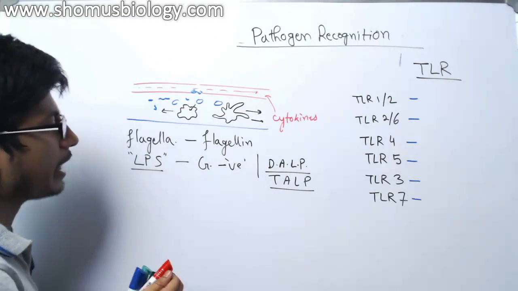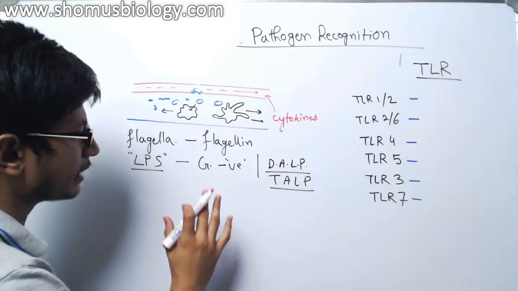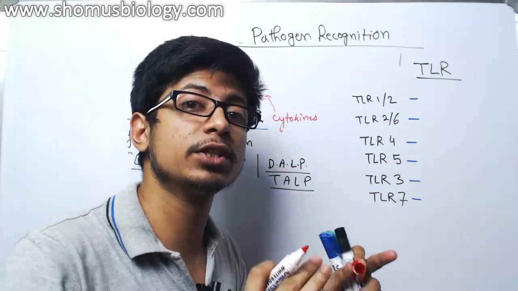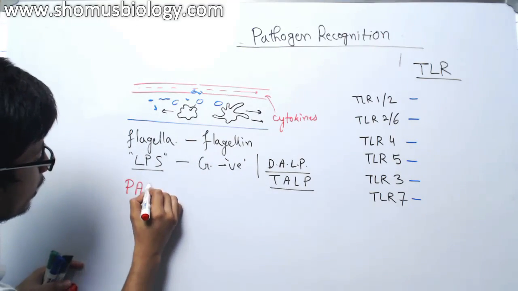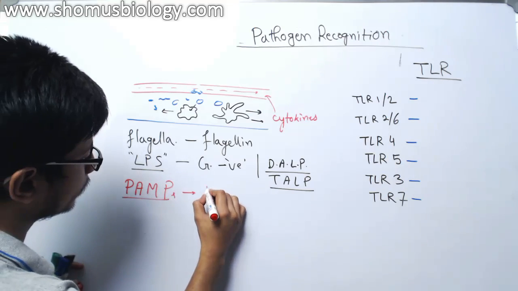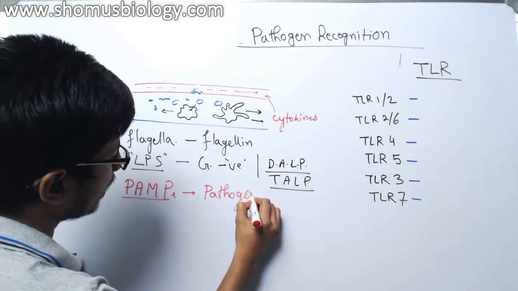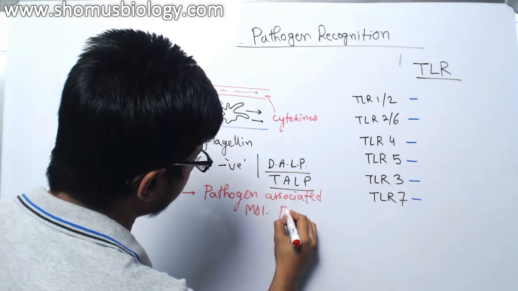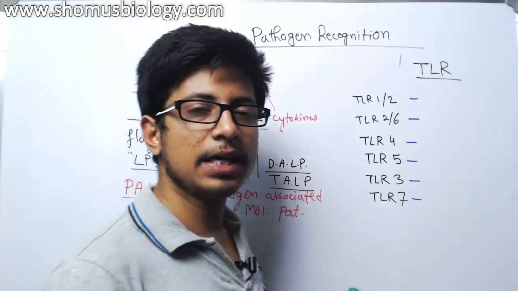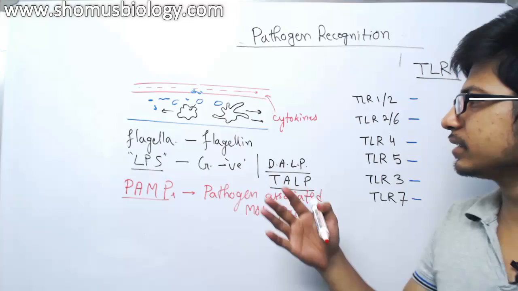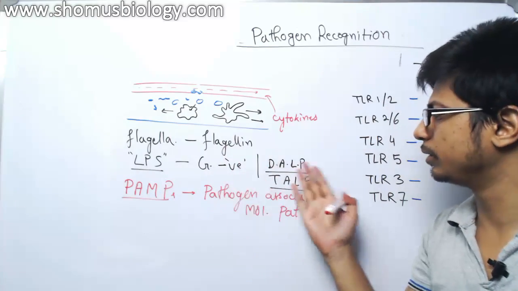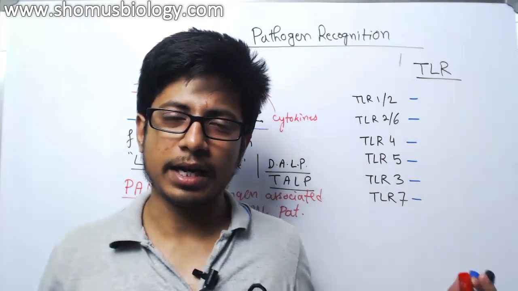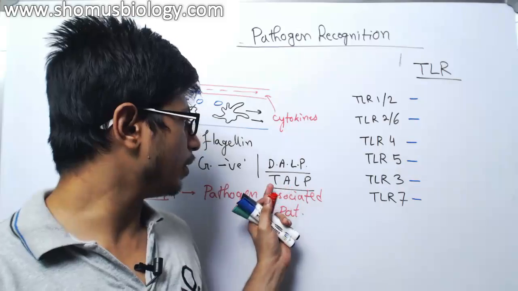Now, all those things which are very specific to bacteria, viruses, or pathogens only are known as pathogen associated molecular patterns, PAMPs. These patterns could be LPS, flagella, or, as I told you, fragments like diacyl lipoprotein or triacyl lipoprotein.